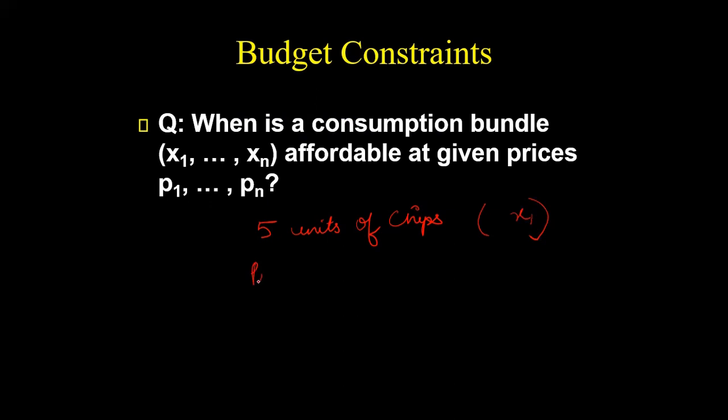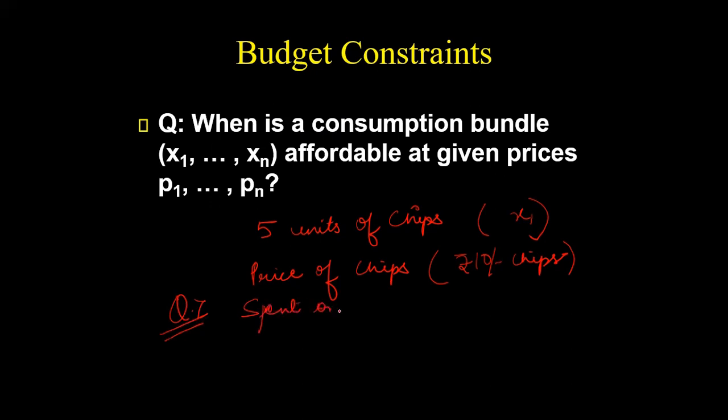The price of chips is rupees 10 per chips. Now my question is, how much have you spent on chips? You will tell me that one chips was for rupees 10, I have purchased 5 units, so I have spent 50 rupees on chips.